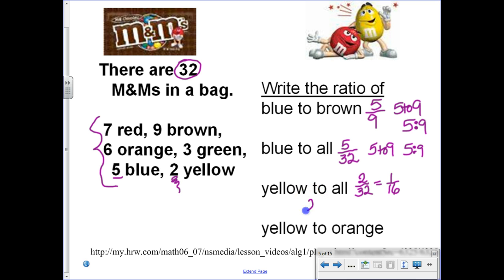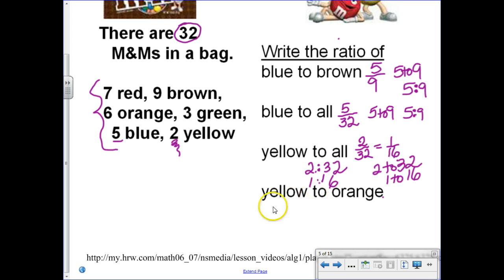So what we need to train ourselves to see is that if you write this ratio this way, 2 to 32, it also is equivalent to 1 to 16. It's most obvious when we write it as a fraction. It might not always be as obvious when we're writing it in a different notation. Or if we use the words down here and say 2 to 32, this also means it's equivalent to 1 to 16.